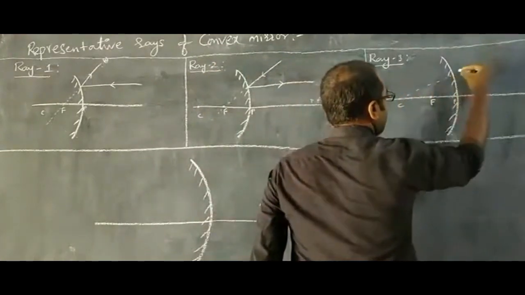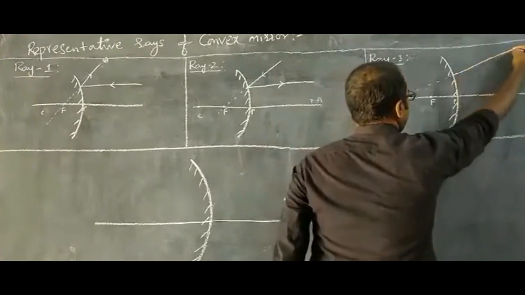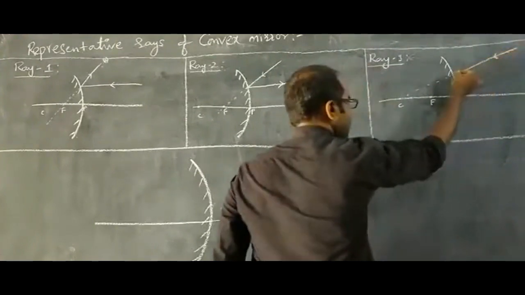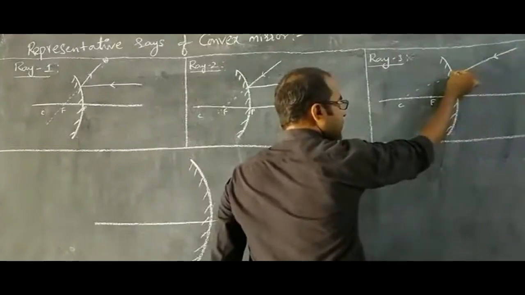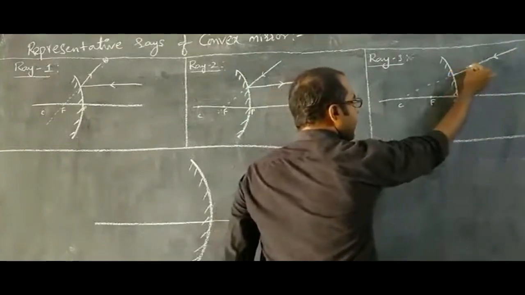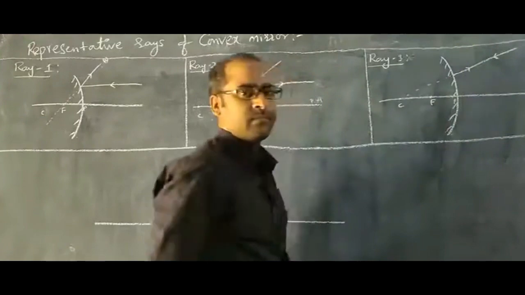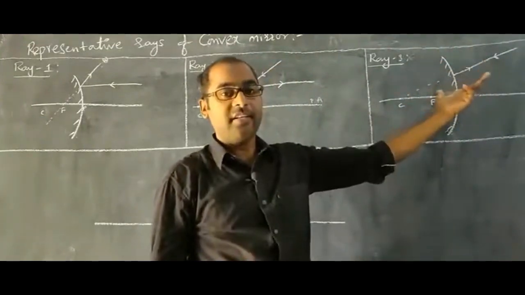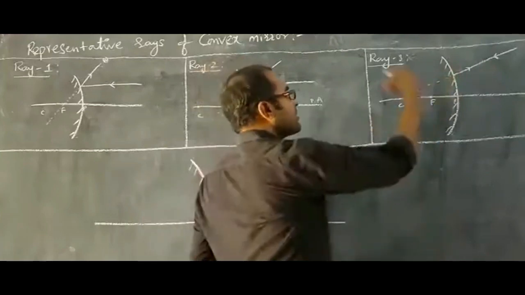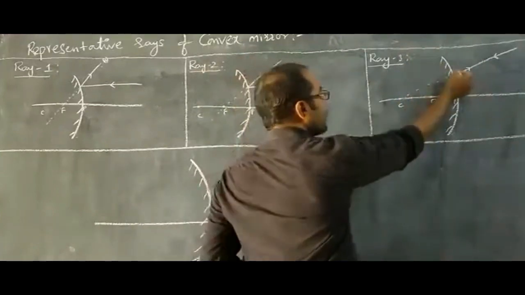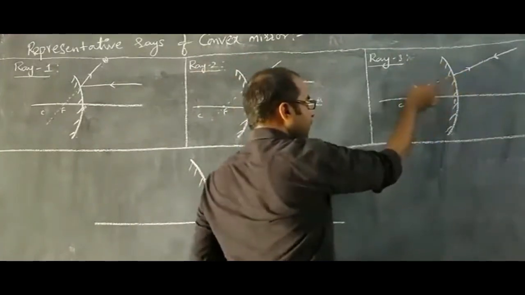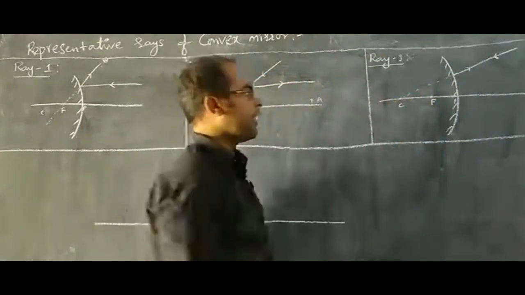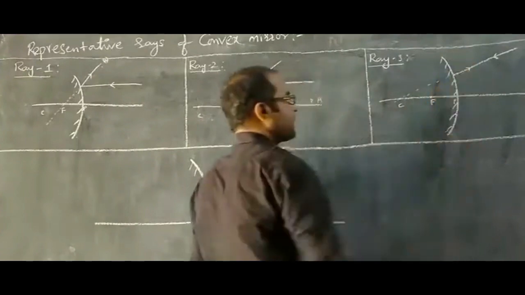That means when it gets incident here, it will be reflected back from here itself. So it retraces the same path, it reverses its path. When you extrapolate this ray, it appears to pass through the center of curvature. So this is ray 3.